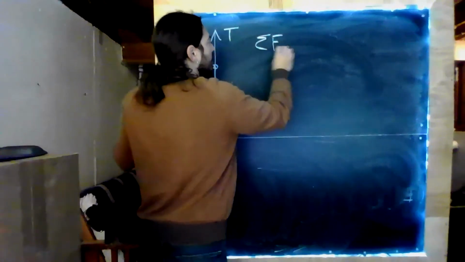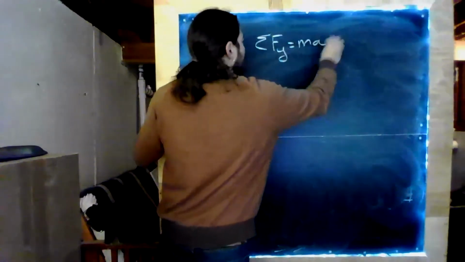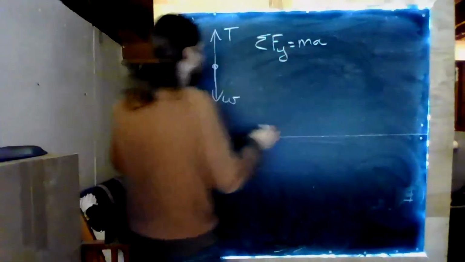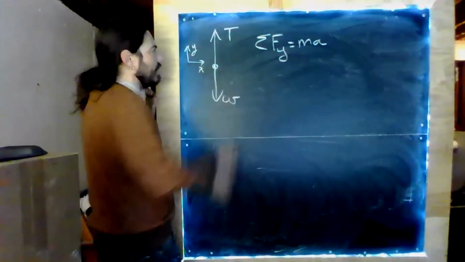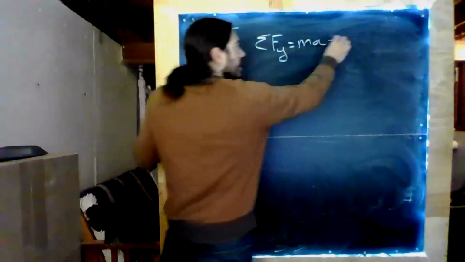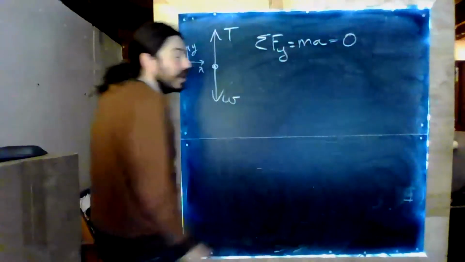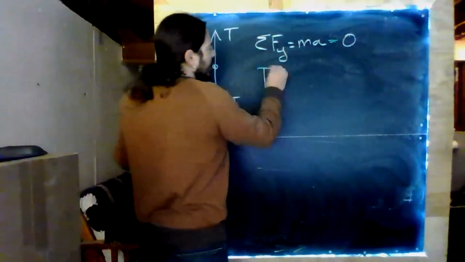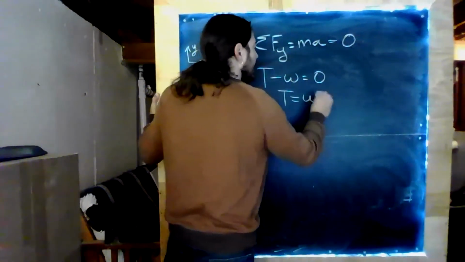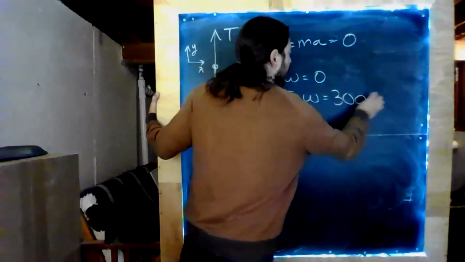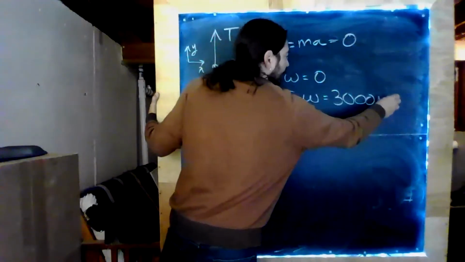We know that the sum of the forces in the y direction equals mass times acceleration. Since I told you it's a constant speed, the acceleration is 0. This tells me that T minus W equals 0, or that T equals W, which is 3,000 newtons.